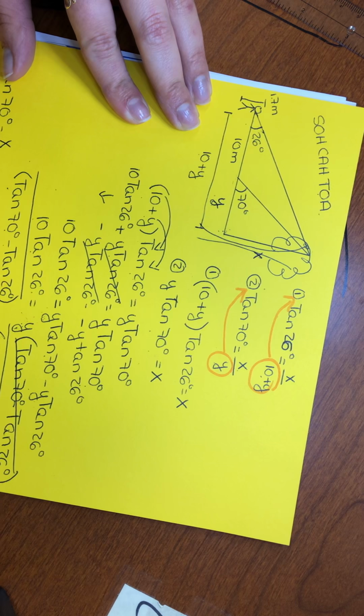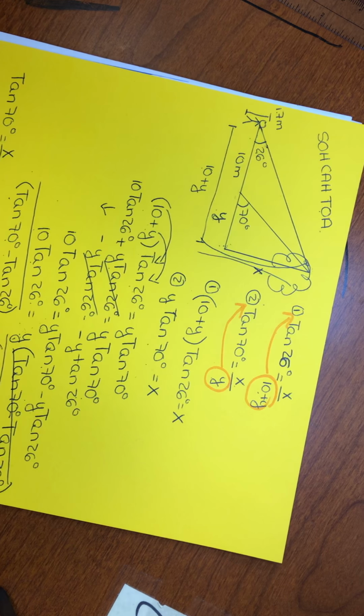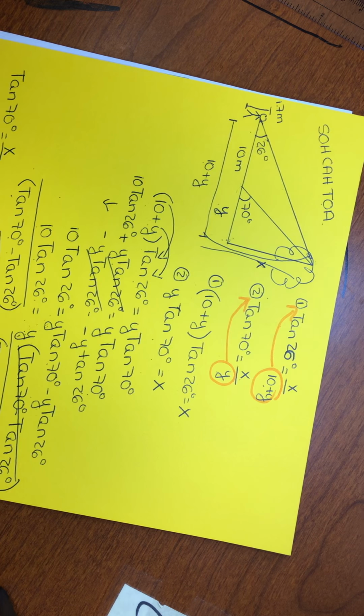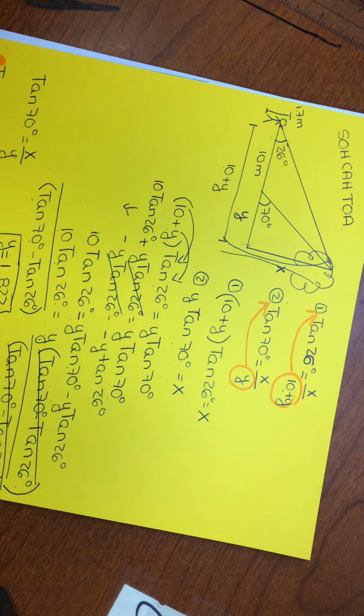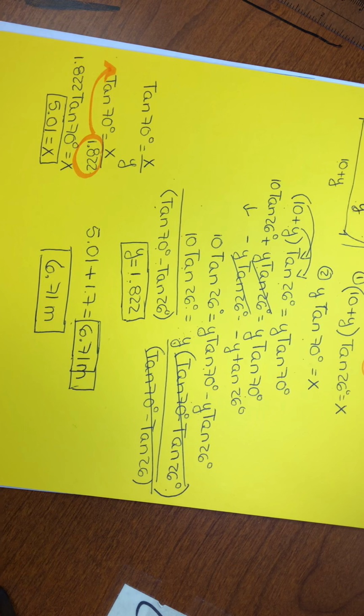So that's my final answer. The tree is 6.71 meters long. That's my final answer, and that's the final answer you have to find on your own questions as well.